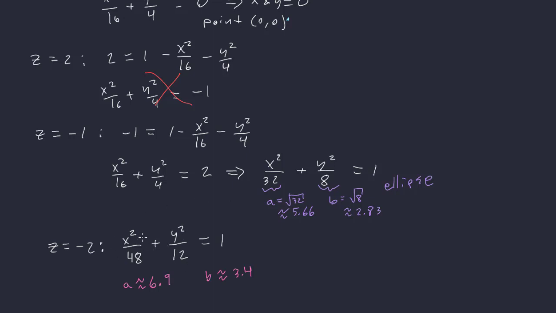Okay, if we go through the same work, we should get this ellipse here. x squared over 48 plus y squared over 12 is equal to 1. So we should have a distance in the x direction of 6.9, almost 7, and in the y direction, 3.4.